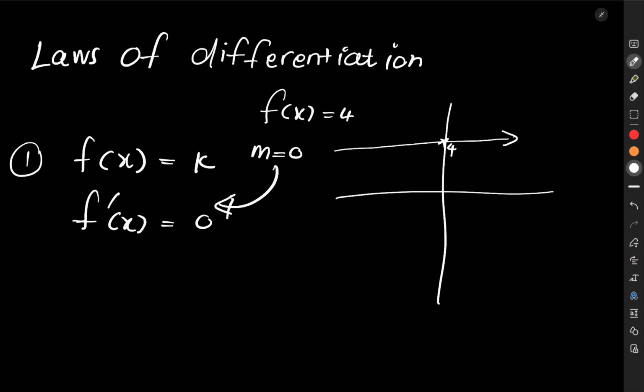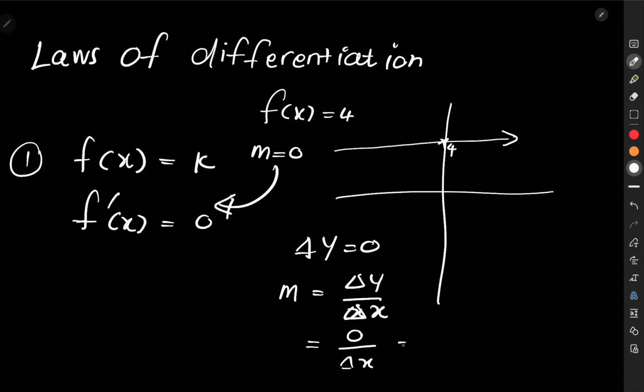This is because the change in y is equal to 0. Therefore, change in y over change in x will always be 0 over change in x, whatever the value would be, and that equals 0. So it won't make much of a difference.